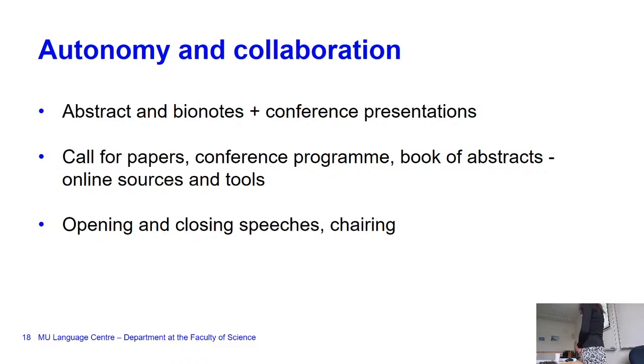When compiling a call for papers, conference program and a book of abstracts, they use online platforms or documents which all of them can access and edit. Students like this activity and are quite creative when thinking about an attractive conference name or defining its objectives.